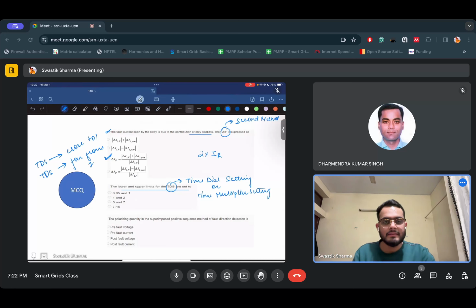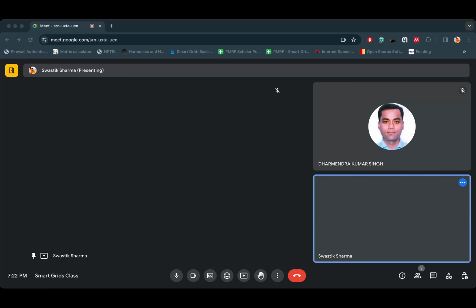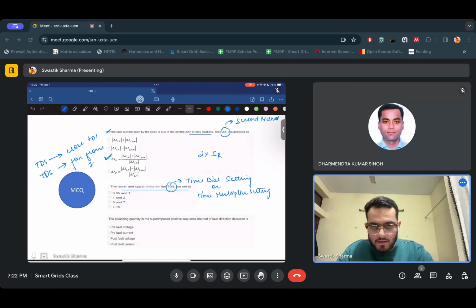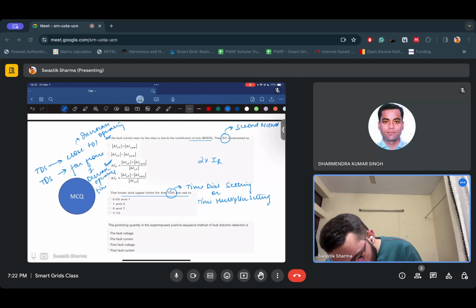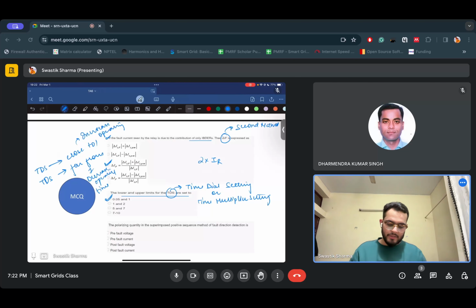So TDS is the same thing. It's a time multiplier setting. There is no difference. It's just a different terminology used. So if it's close to 1, you increase the operating time of the relay, and if it's far from 1, you decrease the operating time. So since the threshold is 1, your answer would be the first one. The lower and upper limits are 0.05 and 1.